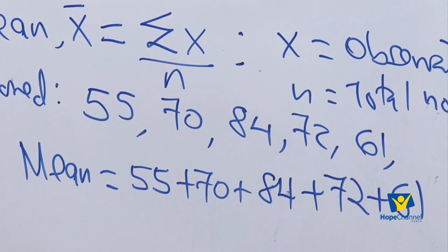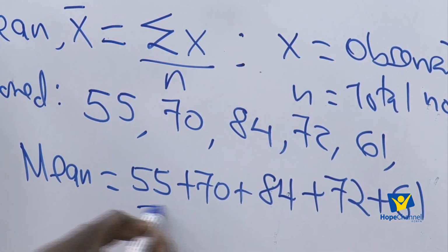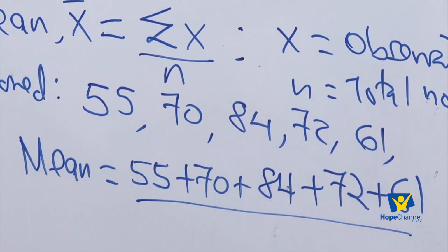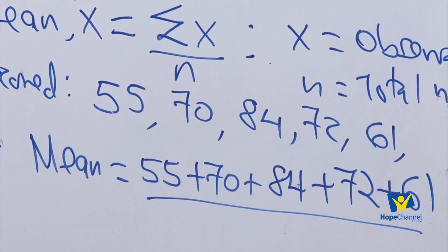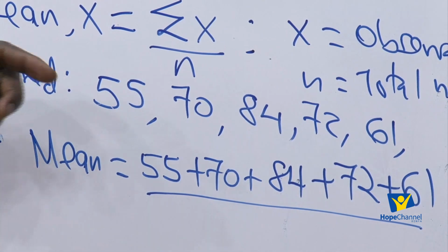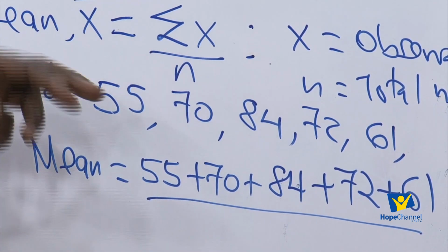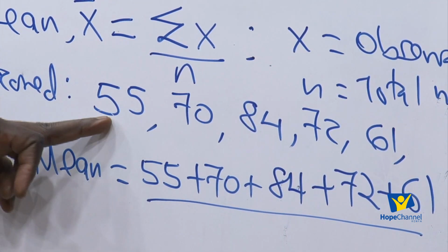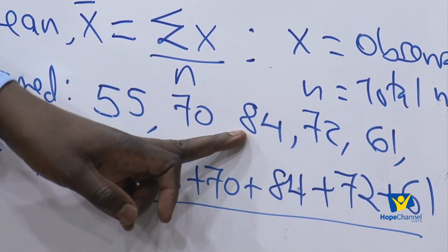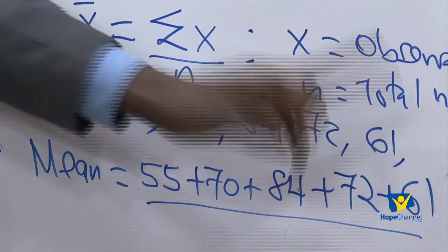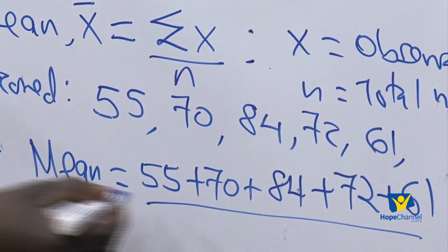So we add everything, then we divide by the total number of observations. That is what the formula means. We count how many they are: 1, 2, 3, 4, 5. So we are going to divide by 5.